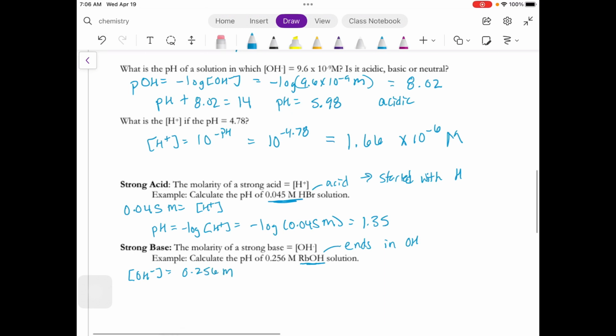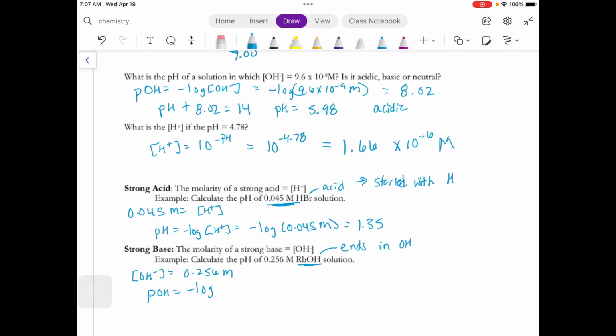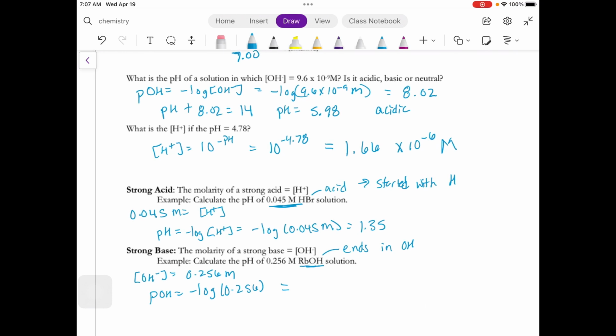So we're going to first calculate the pOH, and it'll be negative log of 0.256, and I get 0.592.